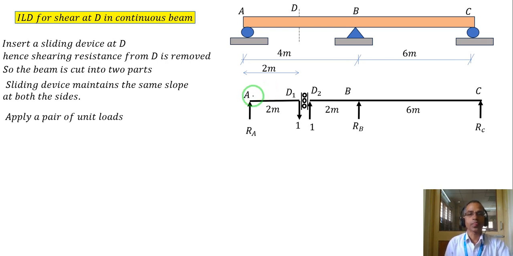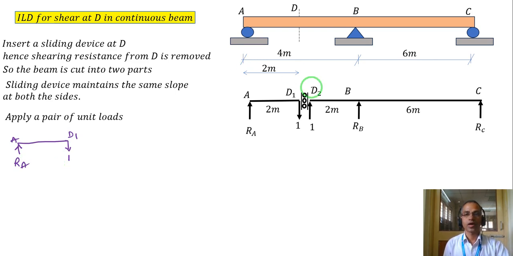So let us take portion AD1, which is A, and this is D1, this is RA, and I applied unit load 1 here.